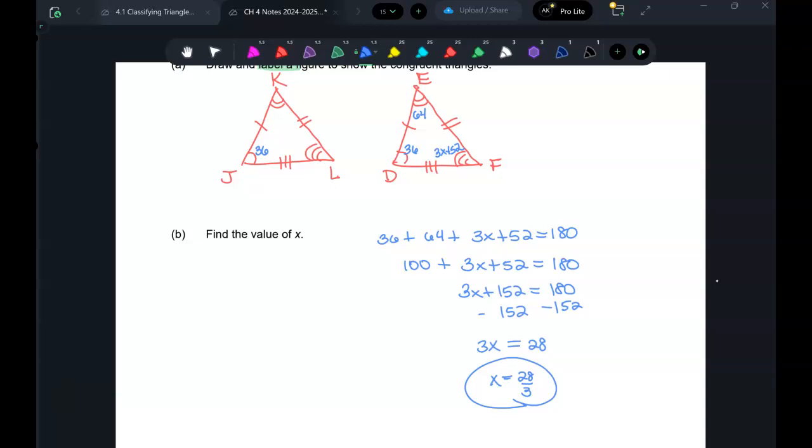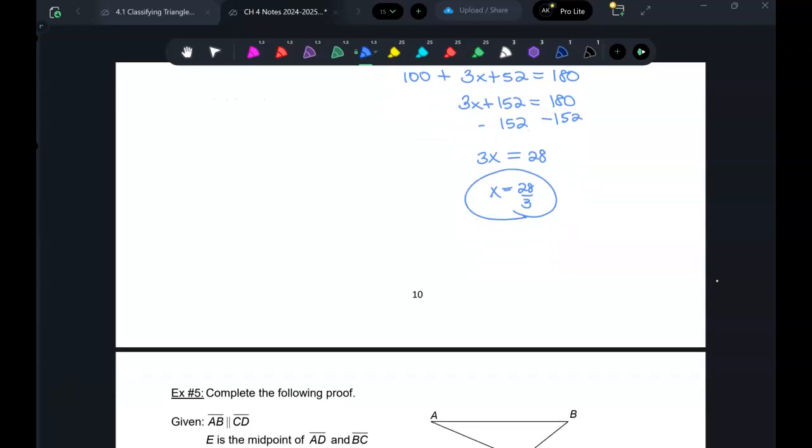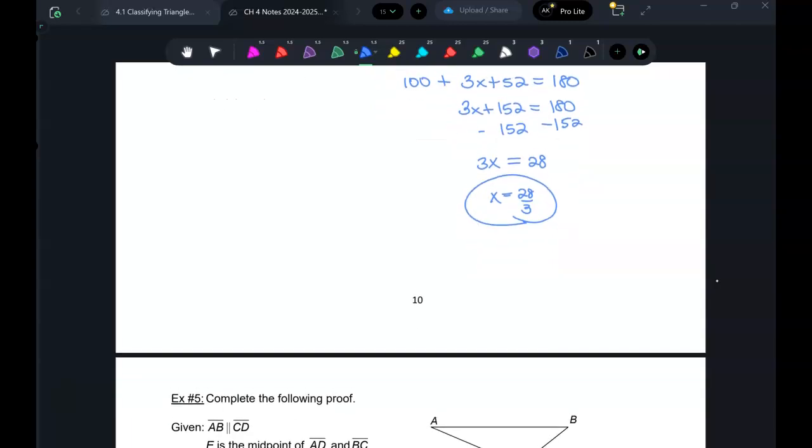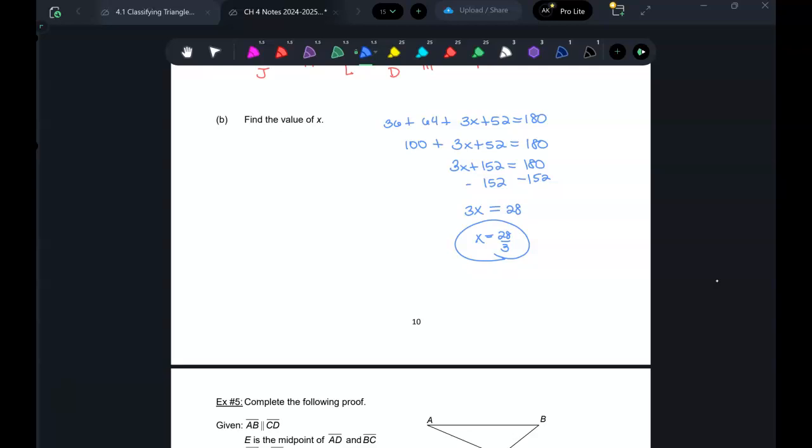We don't want it as a mixed number. It's actually easier, and this is the way that you're going to leave more of your answers. It takes too much work to make a mixed number. Oh my god.